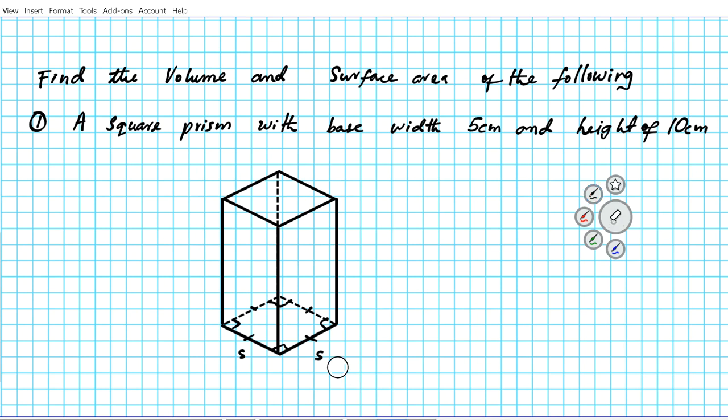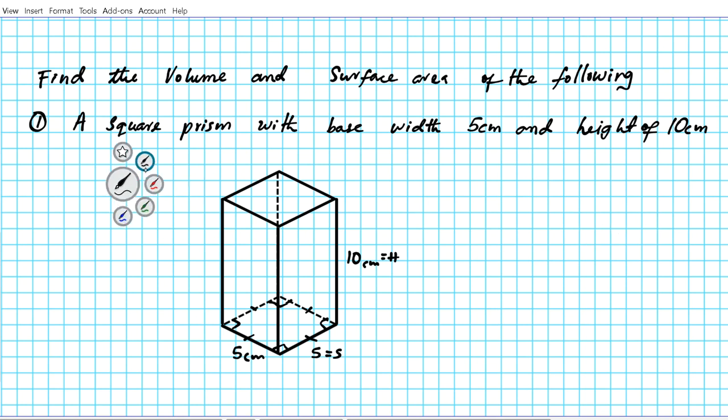Let's put in the values for the dimensions. Since it's a square prism, we know that it's going to be 5 by 5, and then the height is 10. So S is going to be 5 centimeters, and our big H is going to be 10. Alright, so let's find the volume.